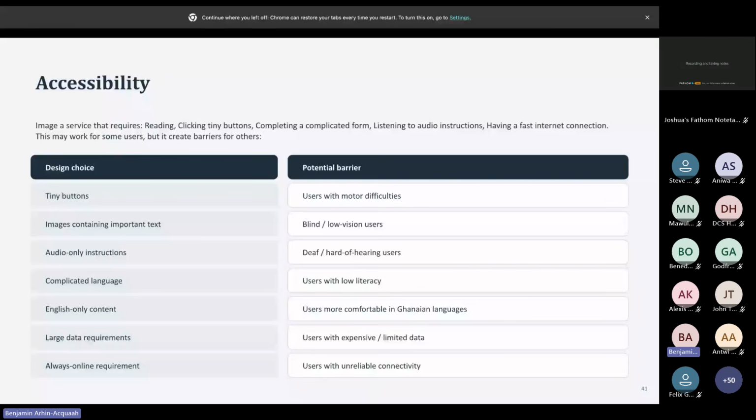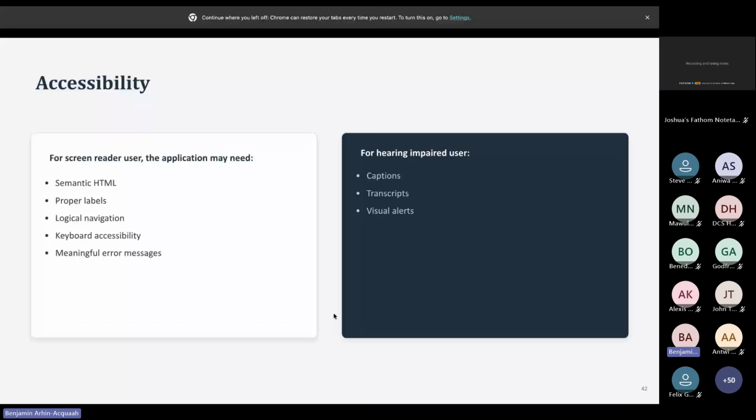Then complicated language. If you have a product that has complicated language, then people with low literacy also won't benefit from it because they won't understand. And English-only content.